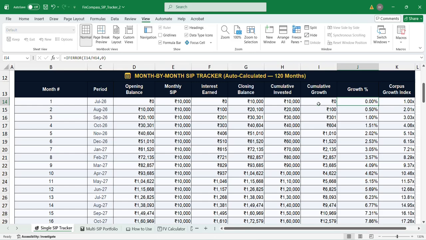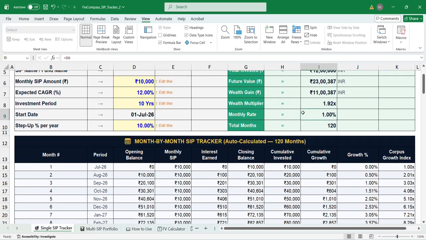Let's move to the next month, August 26, where your opening balance is nothing but July's investment. In August, you are investing another 10,000 rupees. Now this 1% return rate comes into the picture. 1% of your July investment is 100 rupees.